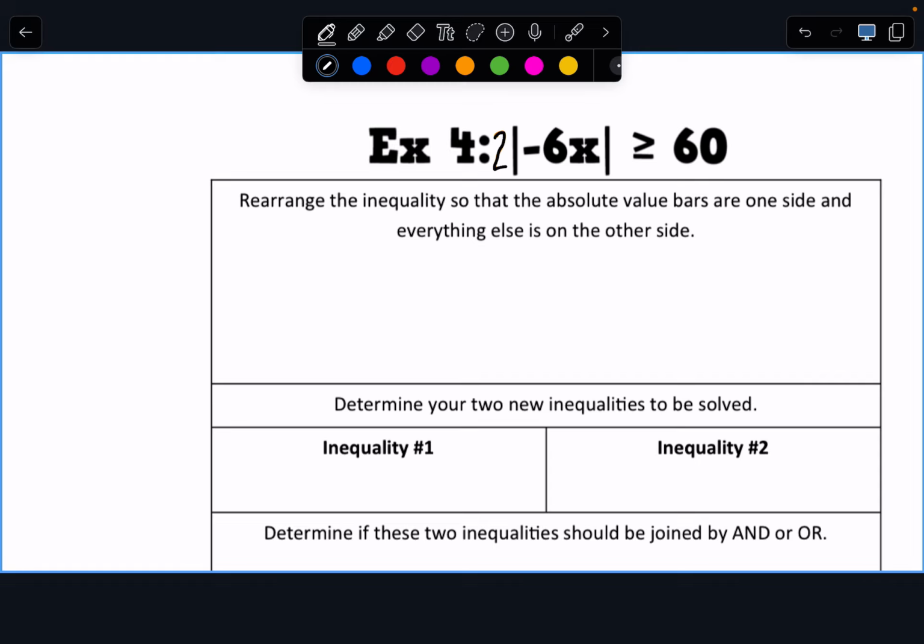Hey, guys, come on. Is the absolute value by itself? What do we need to do to get it by itself? So if we divide both sides by 2, I get the absolute value of negative 6x is greater than or equal to 30.